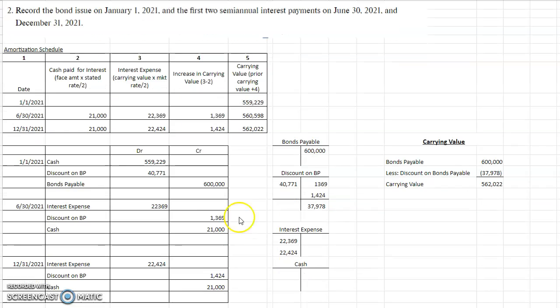So interest expense is the $22,424. The increase in carrying value goes to the discount on bonds payable account. And again, the cash going out is always the same. It's always the face amount times the stated rate, because a bond is a contract between the company and the investor, and that's what they're obligated to pay.